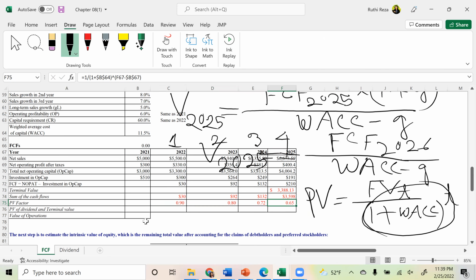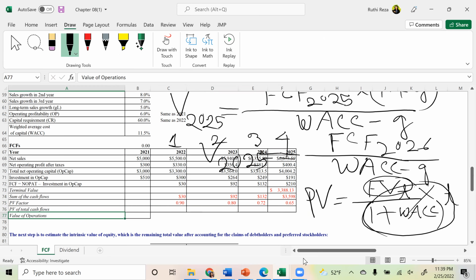Okay. Then present value of our free cash flow or total cash flow, whatever it is. Now you can see here. So we get present value by multiplying the future value with the discount factor, right?